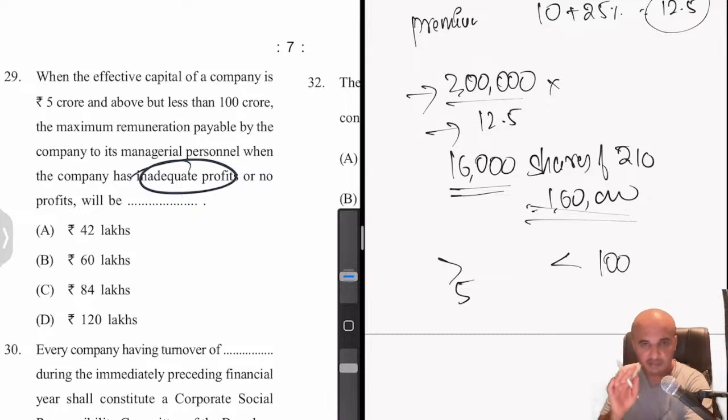That means the company does not have sufficient profits to make the payment of managerial remuneration to the directors. And what is the other catch here? The condition is the capital of the company is between 5 and 100 crores. In such a situation, what is the maximum remuneration payable to the directors? So this again is a factual question.